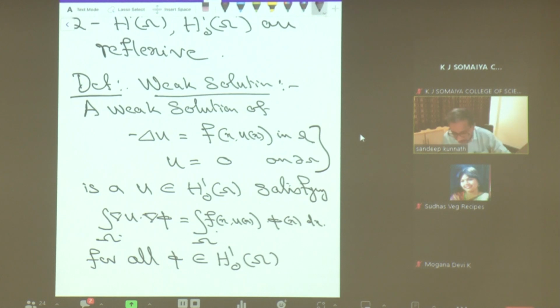So instead of finding a solution directly, you try to find a weak solution.